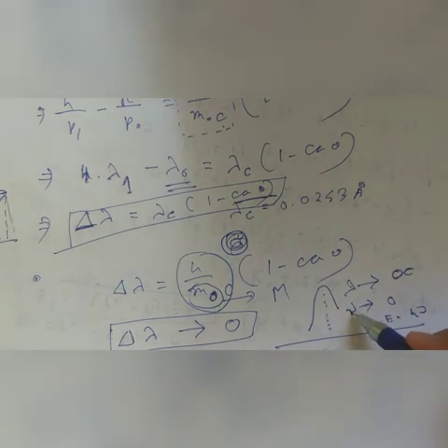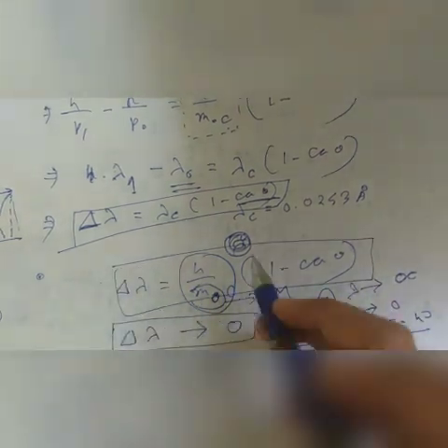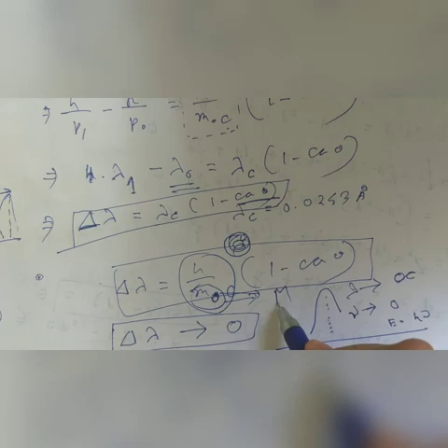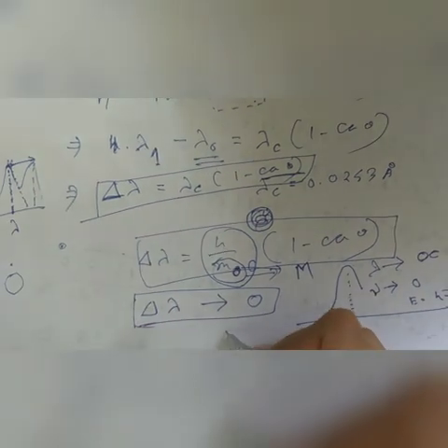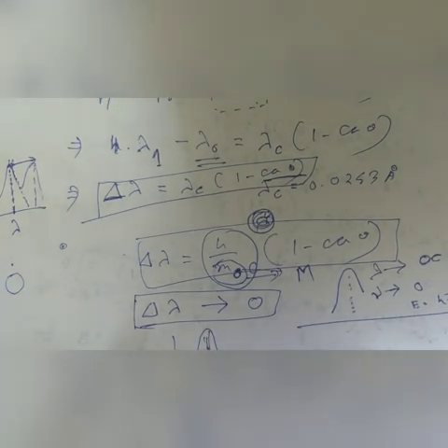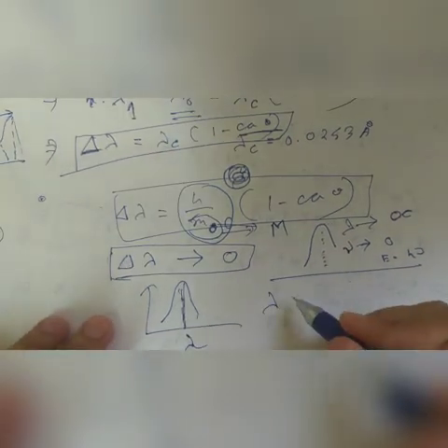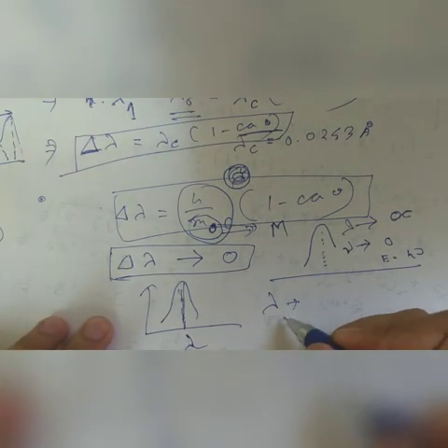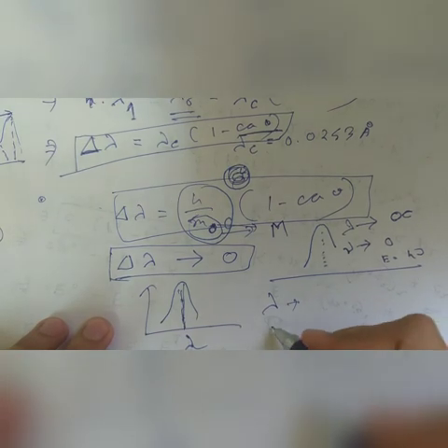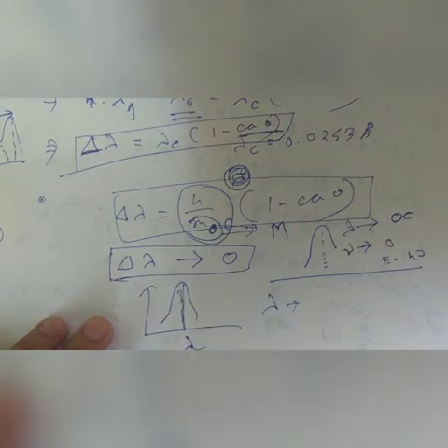So in the formula of the Compton effect, in place of m naught the mass of the atom comes, so the wavelength shift is very low, and we get the peak only at the incident wavelength. So if the wavelength is small, the Compton effect dominates, and if the wavelength tends to infinity, Rayleigh scattering dominates. So it is everything related to the Compton effect.